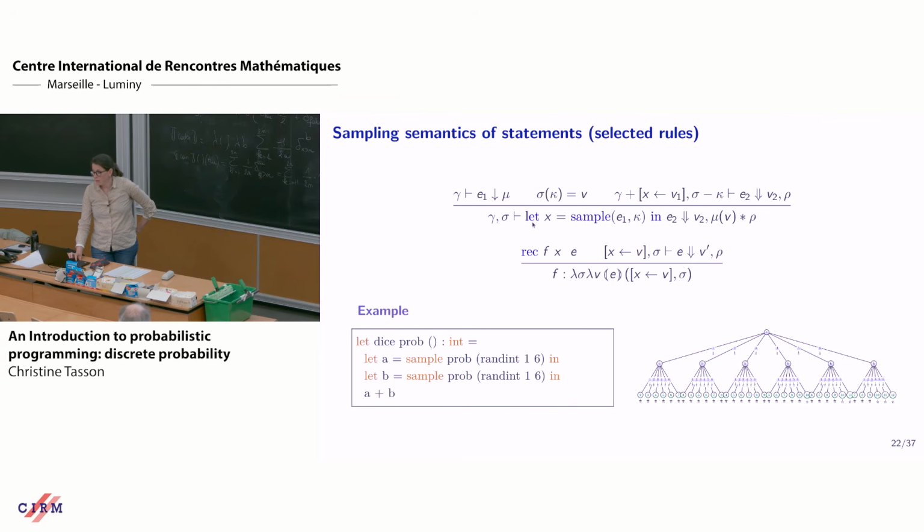Then let x equals sample e1 k in e2 will produce v2 with probability mu of v multiplied by rho.